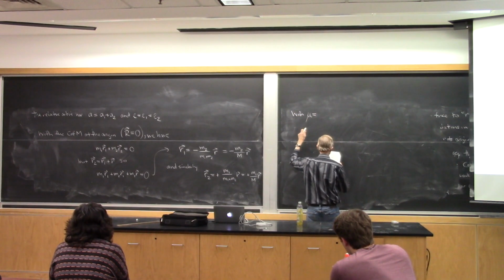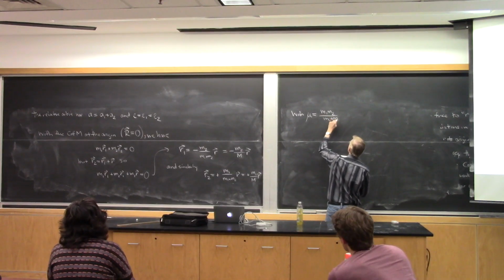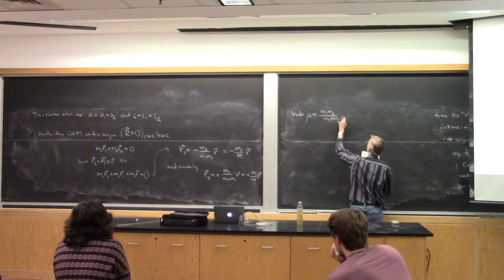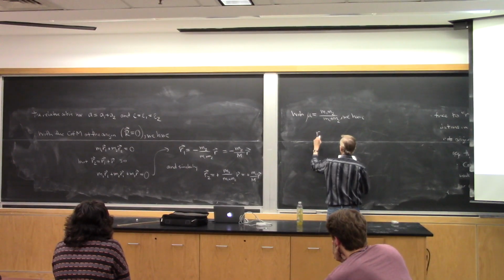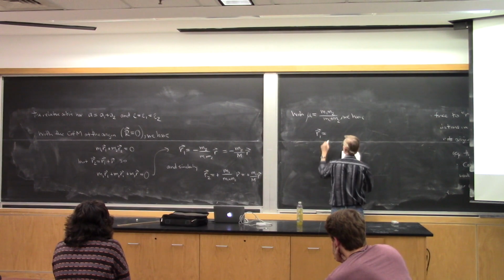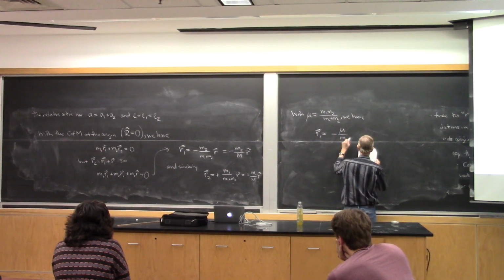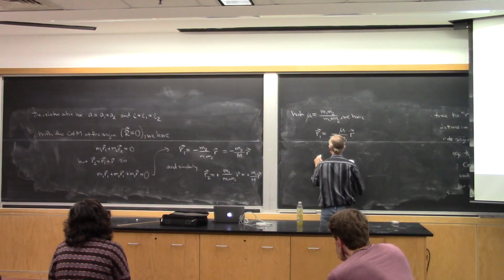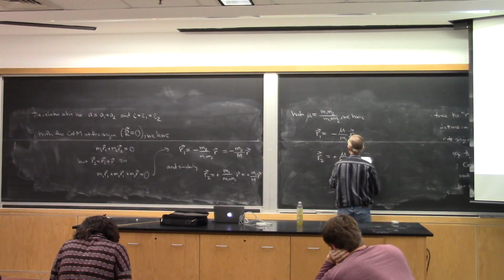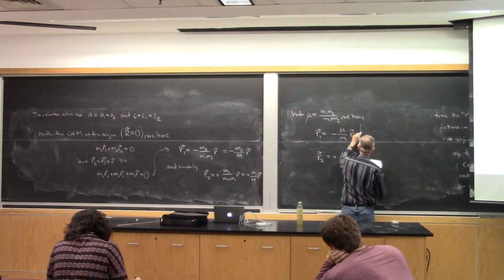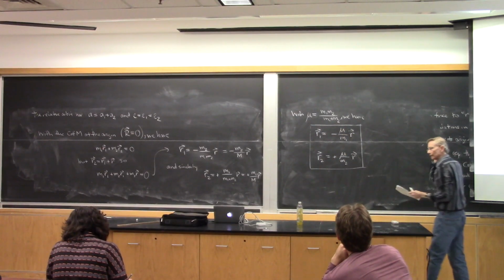With mu equal to M1 M2 over M1 plus M2, that's going to give us that R1 is equal to minus mu over M1 times R, and R2 is plus mu over M2 times R. And these are both very much box-worthy relationships there.